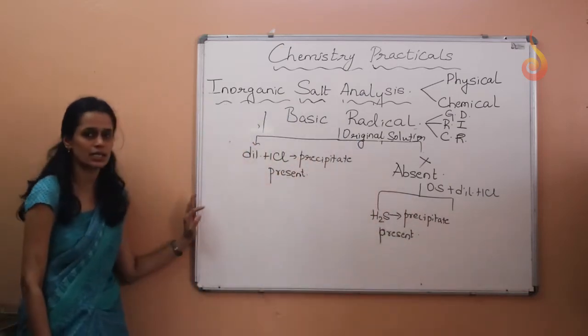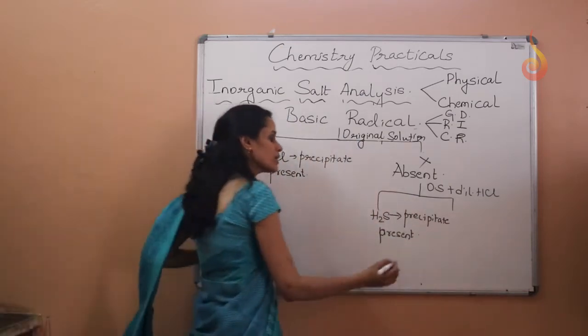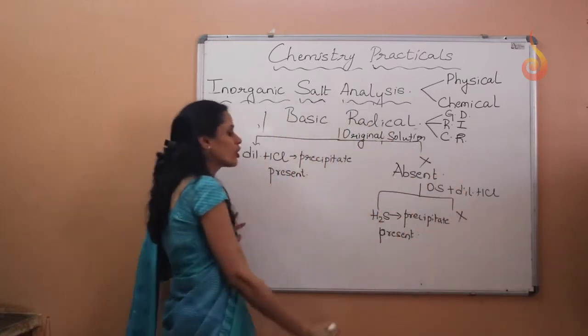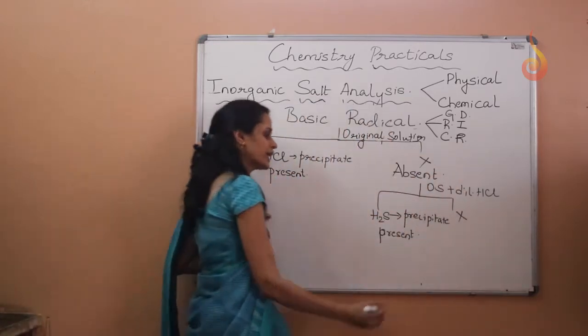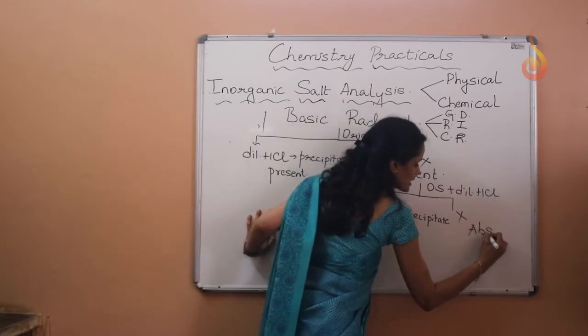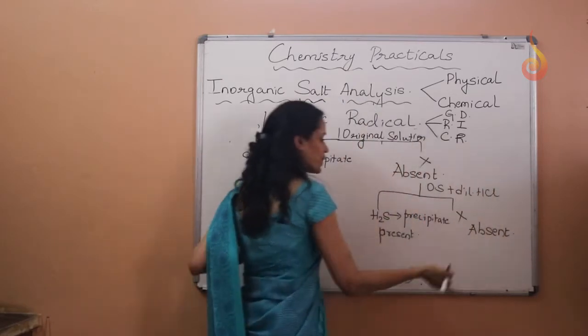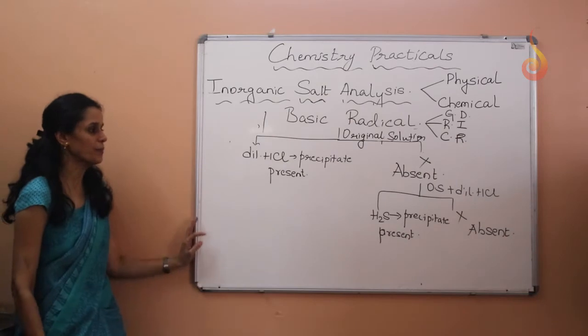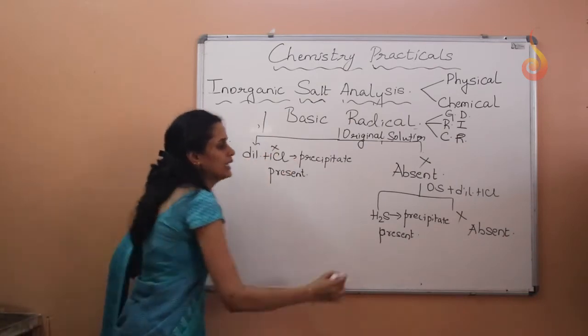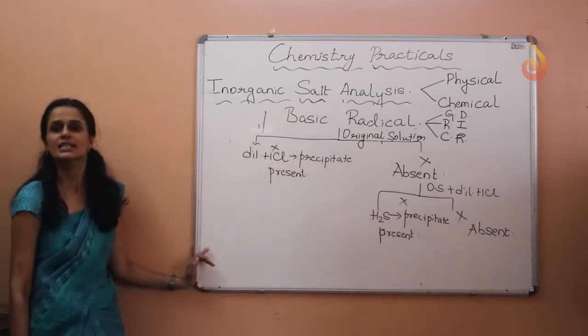But if we don't observe any precipitate, then second group basic radicals are absent. But as we know already, there is no first group and no second group in the syllabus.